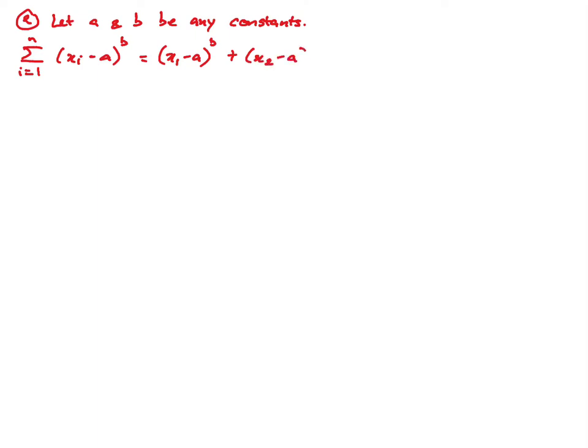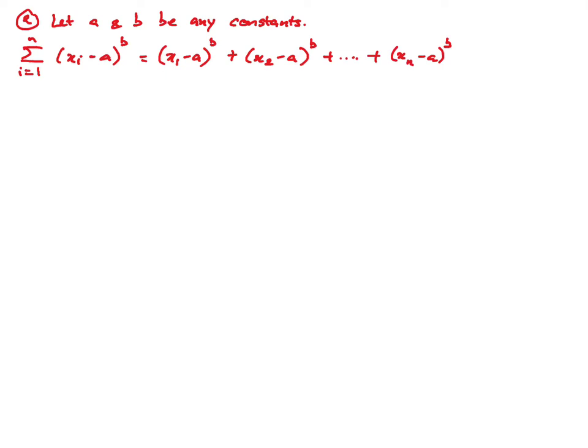Let a and b be any constants. Then the summation of (xi minus a) to the b power for i going from 1 to n is just going to be equal to (x1 minus a) to the b power plus (x2 minus a) to the b power plus all the way to (xn minus a) to the b power.